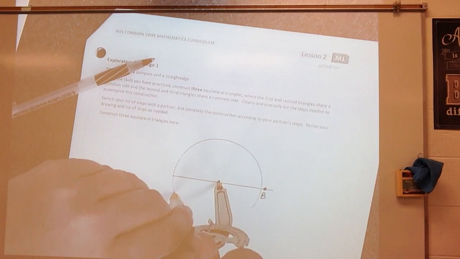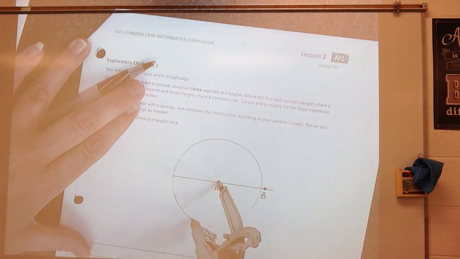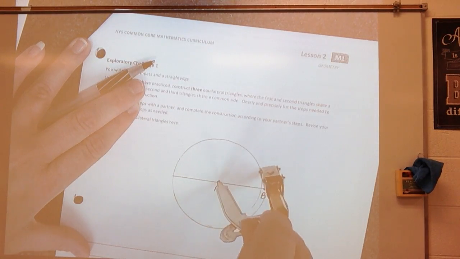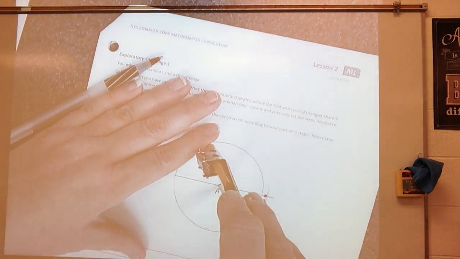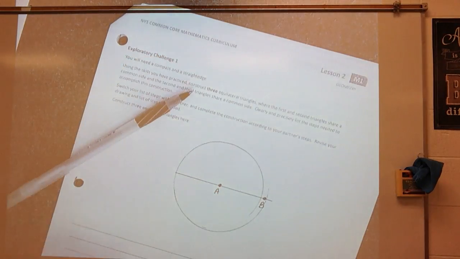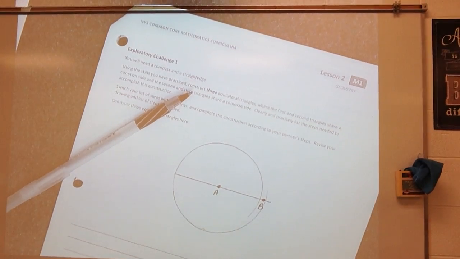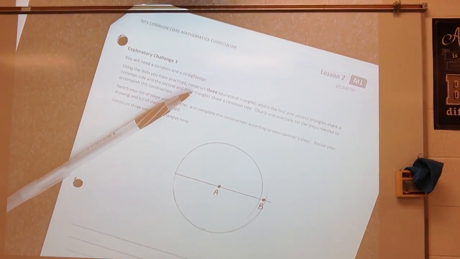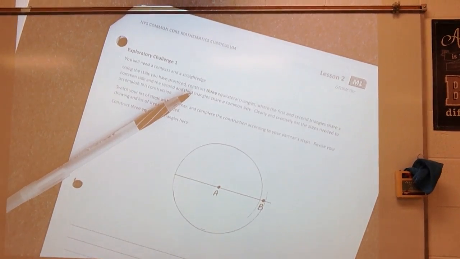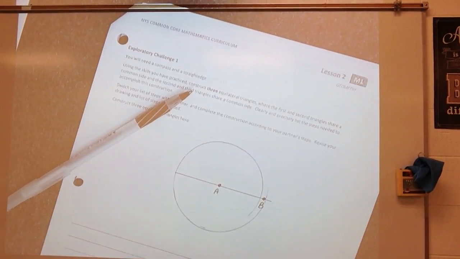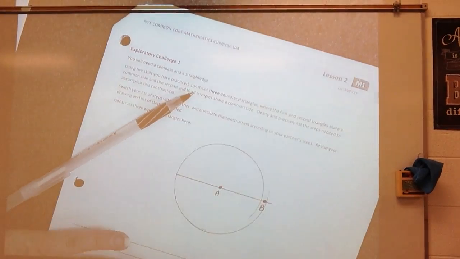Like I said, it takes a little bit of practice, and sometimes the compass moves on you. If it moves on you, erase and start over. That's kind of what I do.